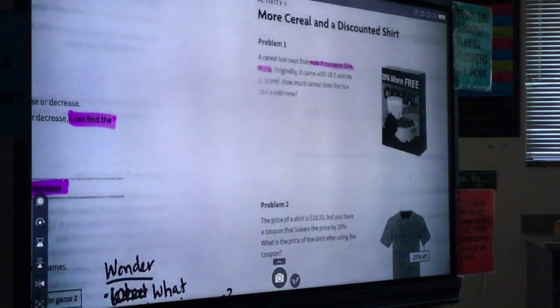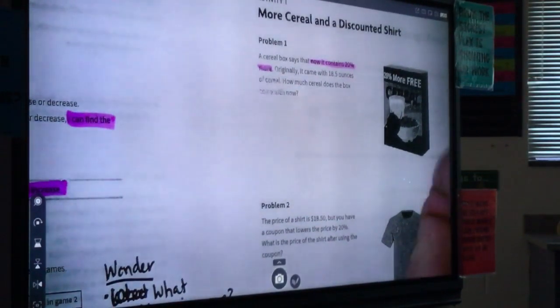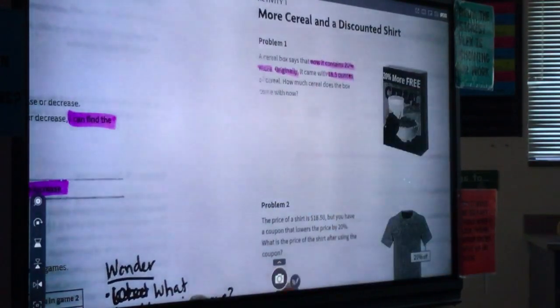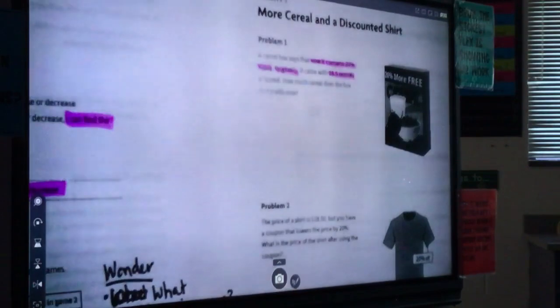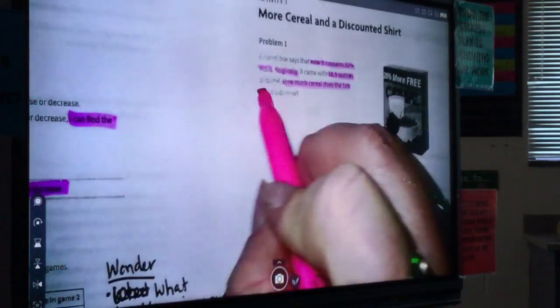Travis. It originally came with 18.5 ounces. Okay, so that's important. Originally 18.5 ounces. And then obviously we want to know how much cereal the box comes with now.